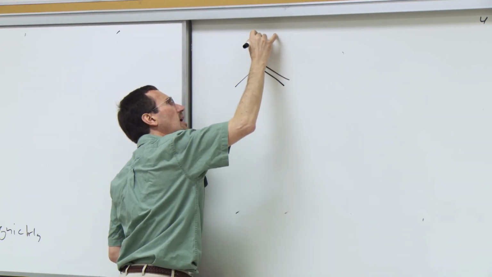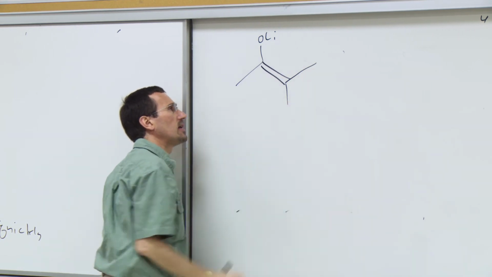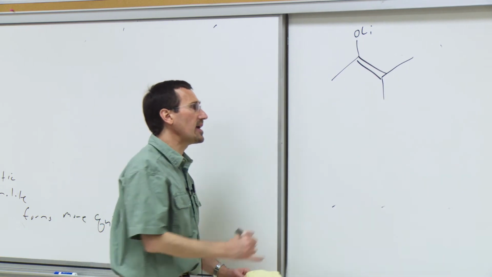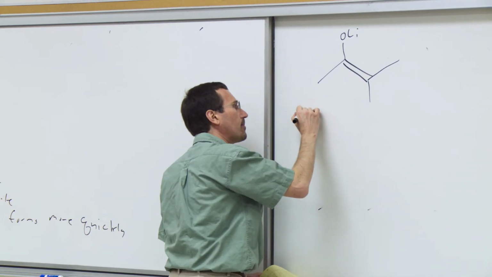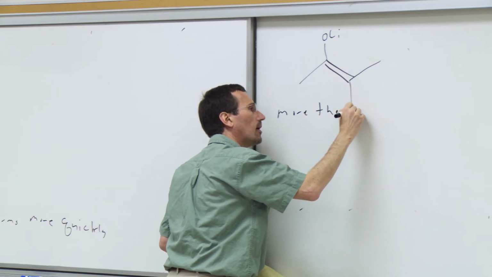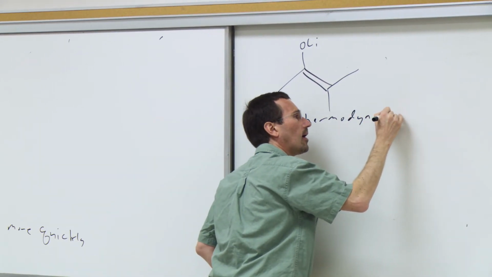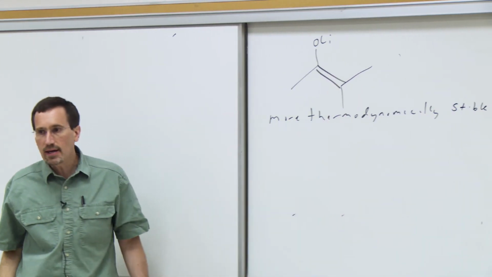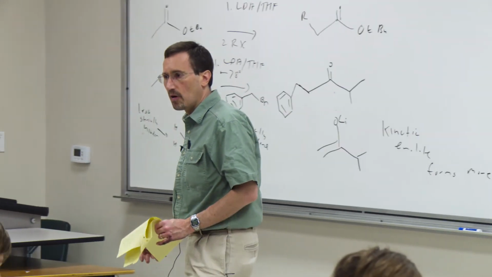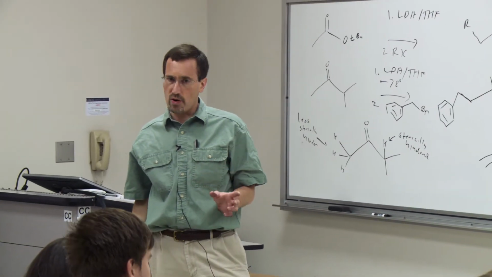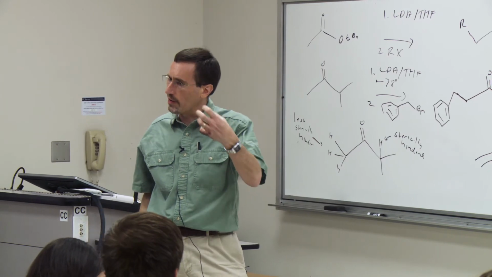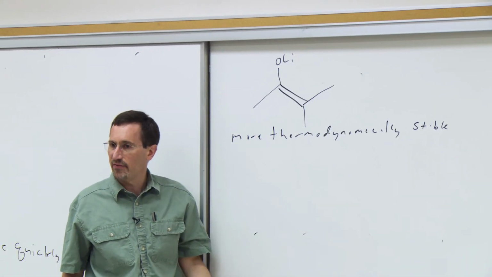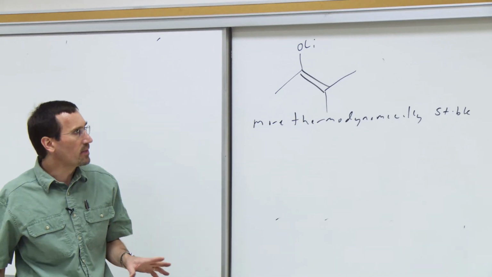So, of course, what I'm talking about here as the alternative is the more substituted enolate. And it happens that this enolate is more thermodynamically stable because more substituted double bonds are generally more thermodynamically stable. You have more electron density from the alkyl substituents being donated into the vacant pi star orbital, stabilizing it.